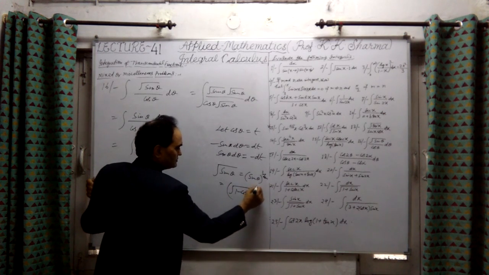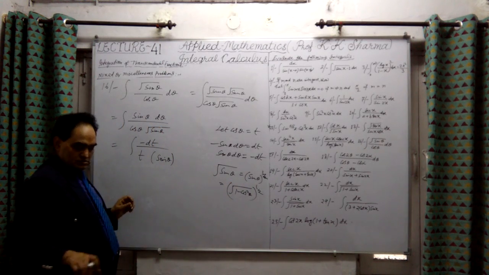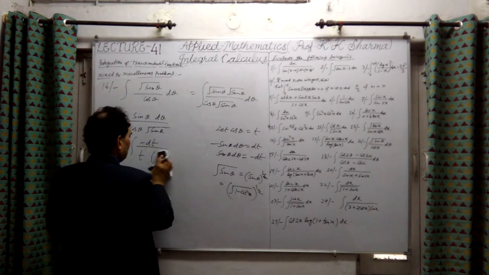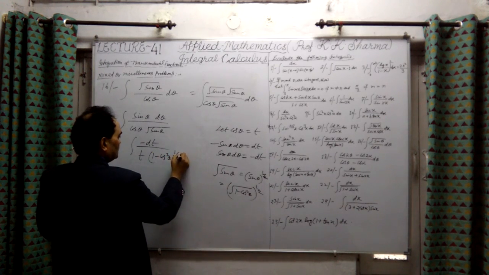So this whole power is half, so it is 1 minus cos² theta whole power 1 by 4.